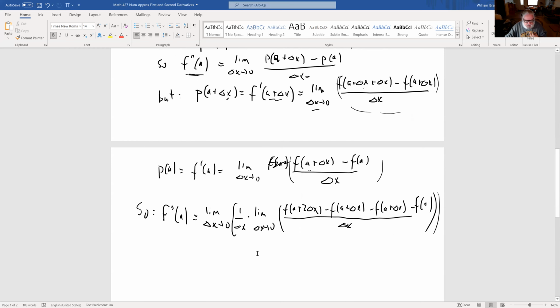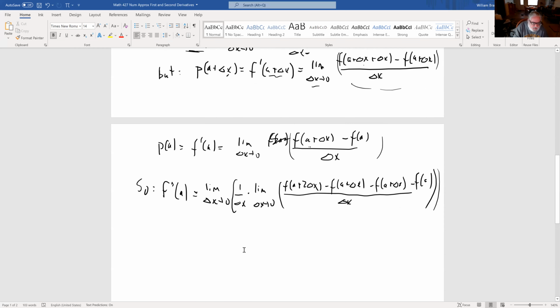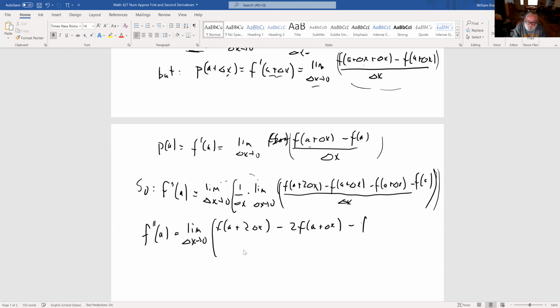So I'm going to be a little loose with the delta x's here. We've got a number of limits. So I'm going to take this limit out because it's just taking this limit as delta x goes to 0. And then you take the limit again, so we can actually just combine those into one limit, and then we end up with f of a plus 2 delta x minus 2 f of a plus delta x plus f of a, all over delta x quantity squared.